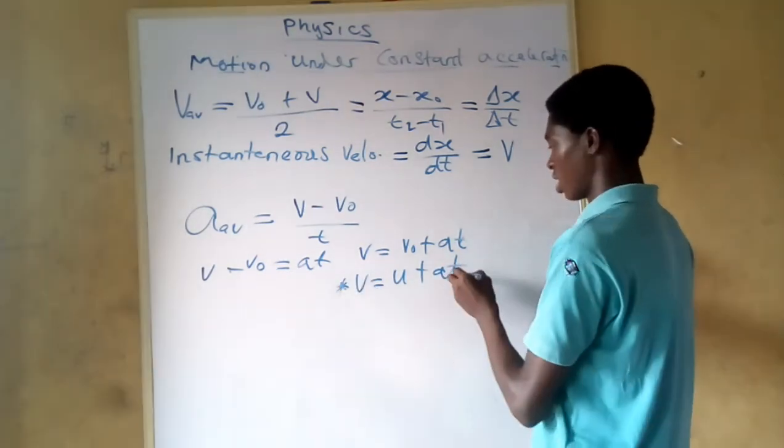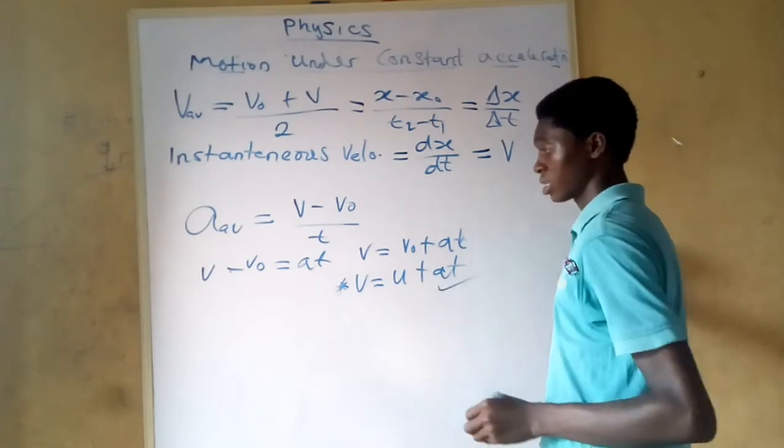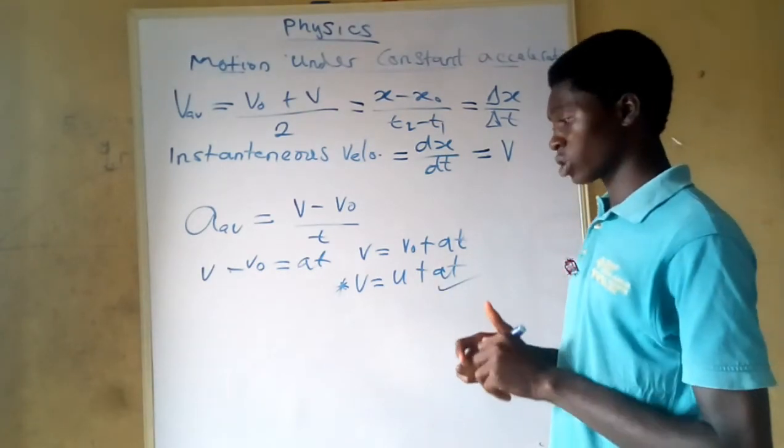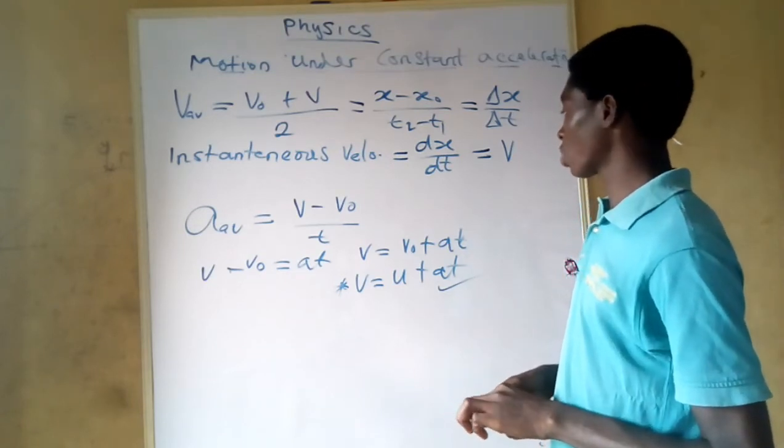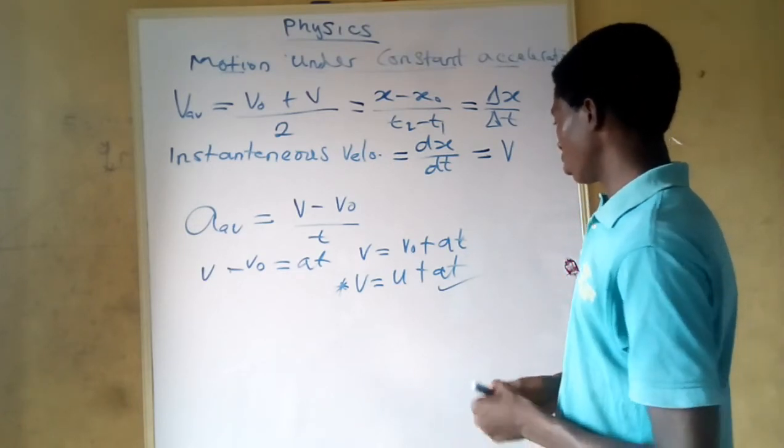So this is the first equation of motion we have been able to derive, and this is very important. The equations of motion have different ways we apply them, so we are going to look at other ones now. Let us take this very first equation.